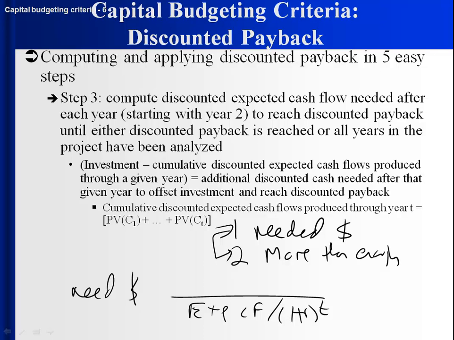And if we got all of that, we'd have more than enough, so that discounted payback happens somewhere between the beginning of the year, which is at time t minus 1, and the end of the year, which is at time t. But basically, at the beginning of the year, or the end of the previous year, you needed money, and then at the end of this year you had more than enough, so payback happened sometime in the middle of the year. How do we figure out exactly when it happened?